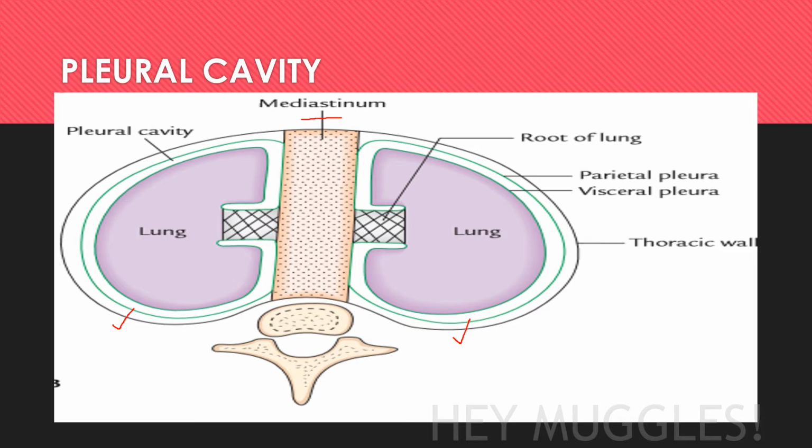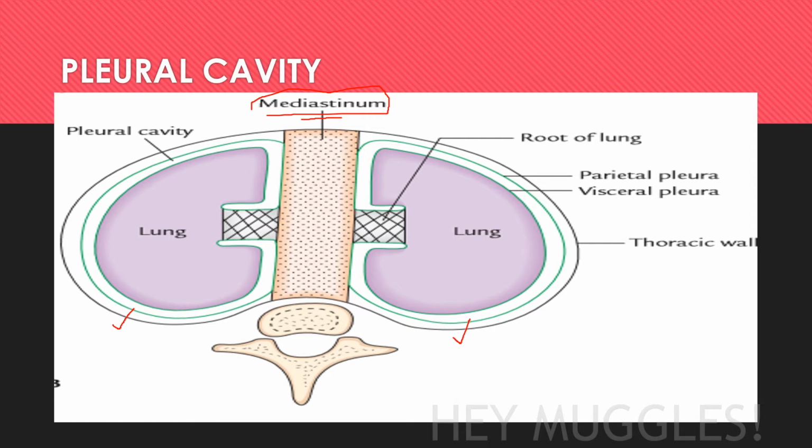For example, your heart with pericardium, your great blood vessels like your aorta, your superior vena cava, your inferior vena cava, and your esophagus, your trachea, your vagus nerve, and so on. So this middle compartment is your mediastinum, right? Mediastinum is basically a cavity between the lungs which is home to various important structures, right?